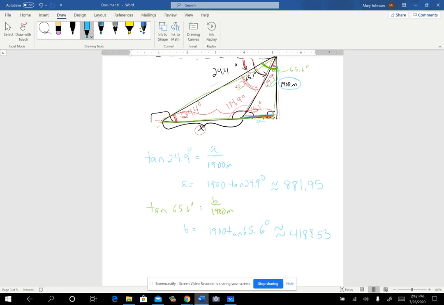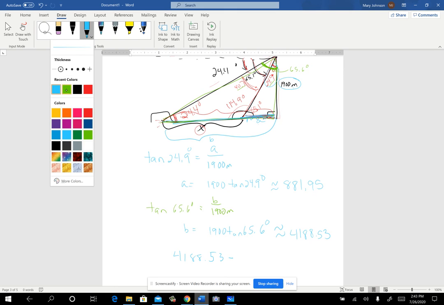They wanted it, how far apart are the stadiums to the nearest meter? Okay, so B, which was the whole entire thing, all the way from there to there, that turned out to be 4,188.53. I'm going to subtract from that this little piece right here.